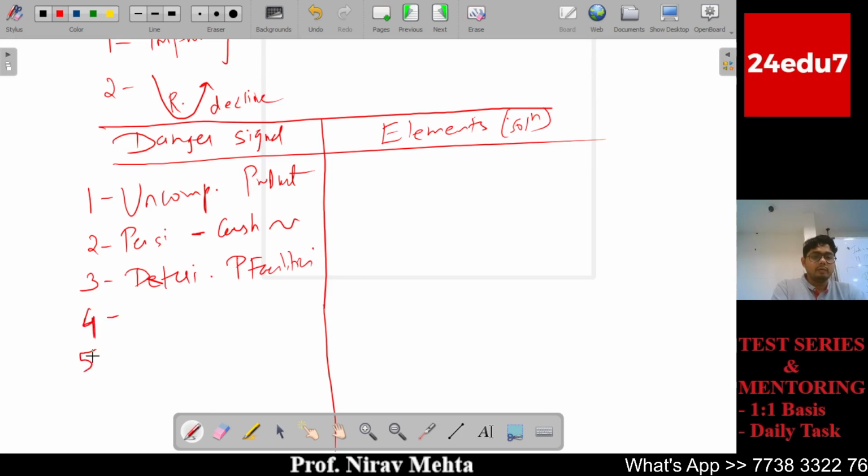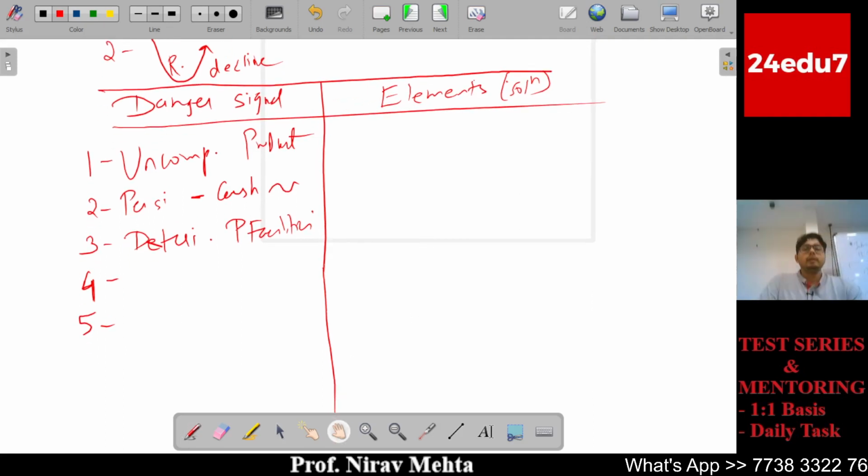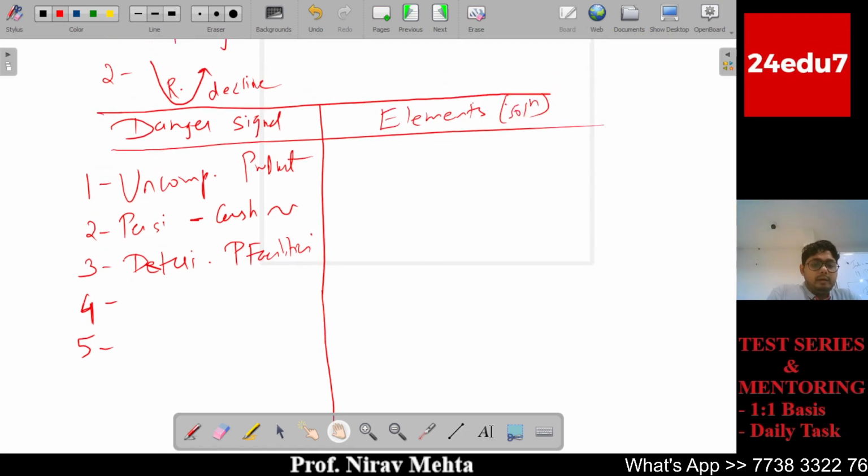Point number 4, 5. Listen, very important. Now, there are employees in our company. Employee has 3 points. Employee high turnover. Turnover means employees leaving the company, joining, leaving, joining, leaving.